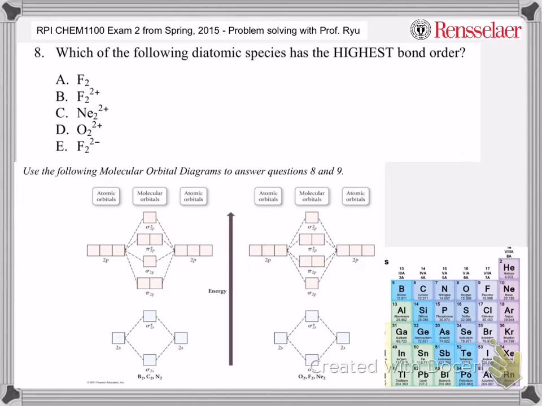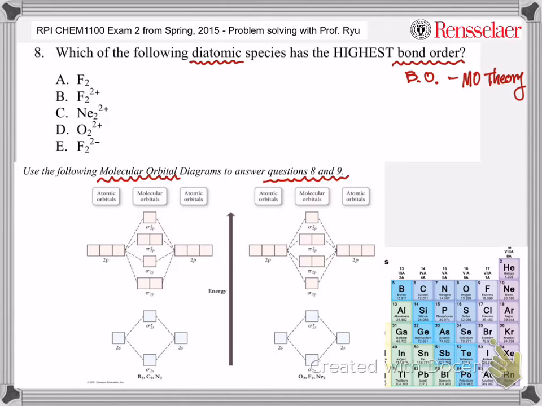Okay, so this problem set, questions number 8 and 9 in exam 2, deals with what we call molecular orbitals and understanding bond order. When you have a diatomic species with 2 atoms bonded together, we have to figure out the bond order and how strongly they are bonded together, and this comes from MO, molecular orbital theory.